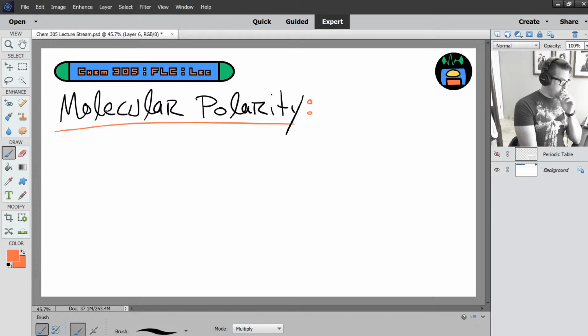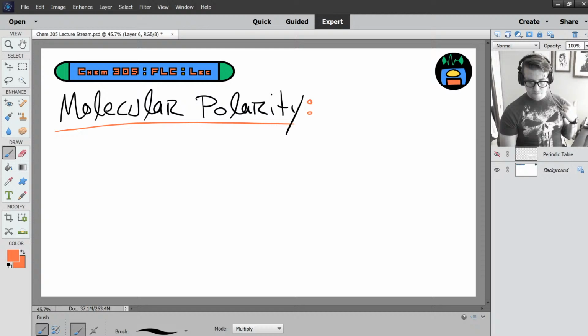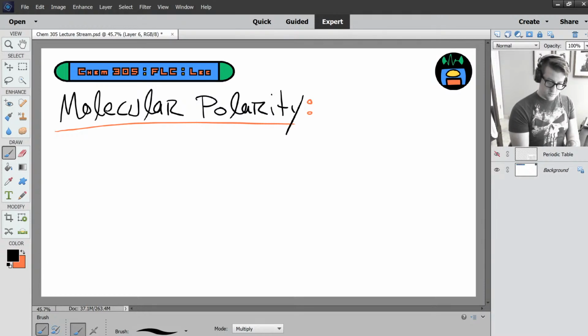So we say that a molecule is said to be polar, so a molecule is polar if two conditions are met.